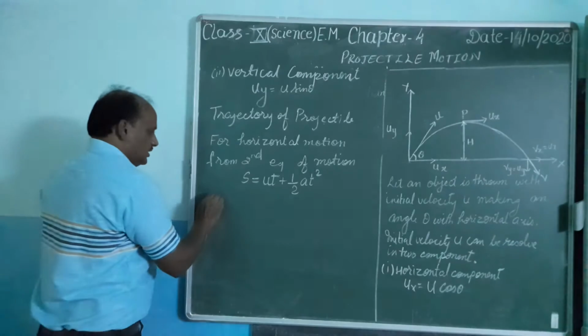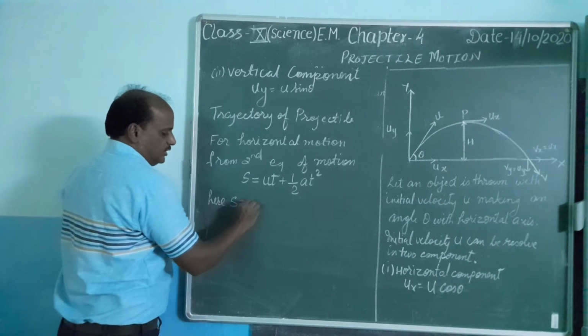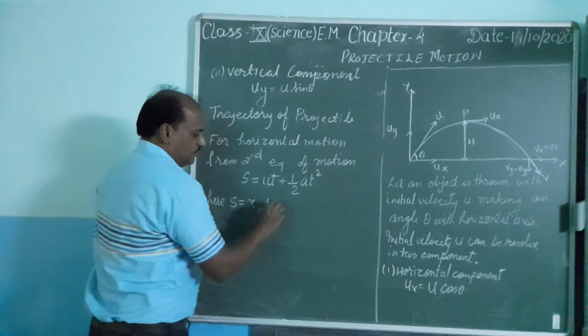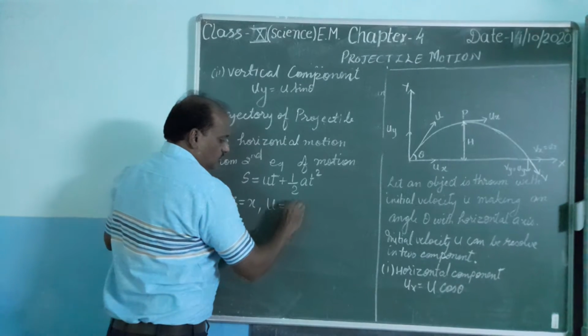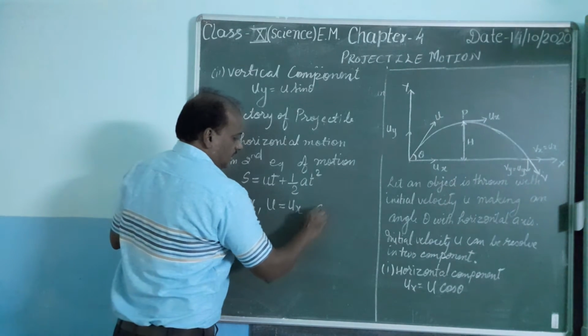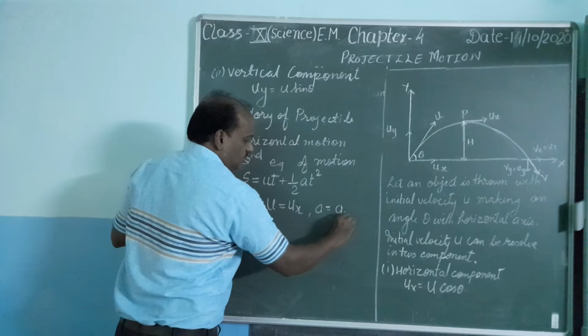Here the value of s is x, and u we will put as ux, and in place of a we will substitute ax.